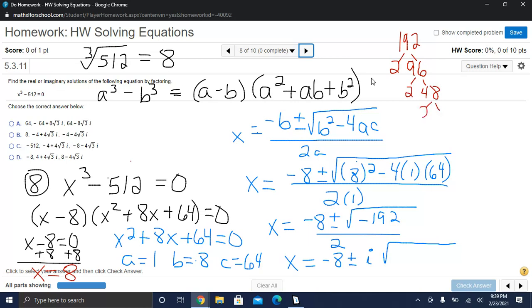And then that would be 2 and 24, 2 and 12, 2 and 6, 2 and 3. So I've got 1, 2, 3, 4, 5, 6. I've got 6 2s, and a 3. And then my denominator is a 2.